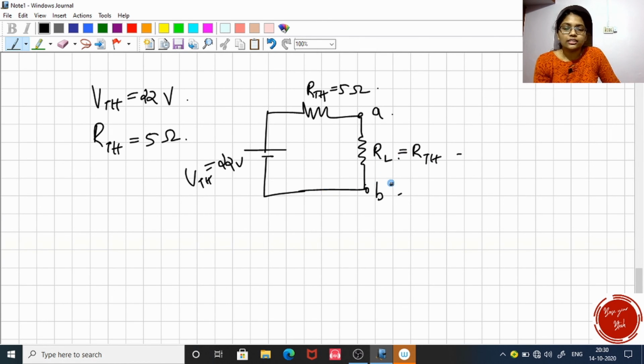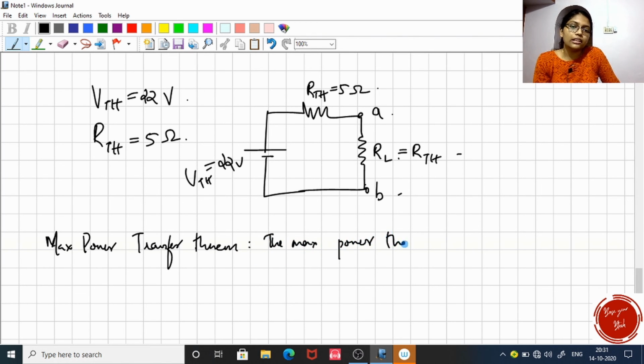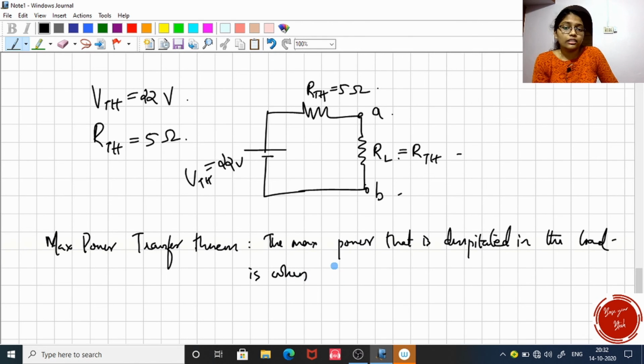It is said along with Thevenin's theorem, that is the maximum power transfer theorem. It states that the maximum power is dissipated in the load when the load resistor is equal to the Thevenin resistor of the circuit.